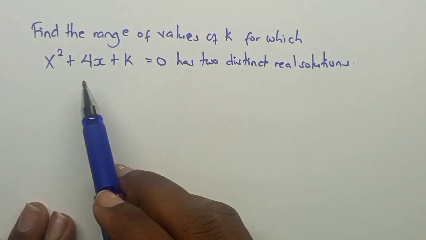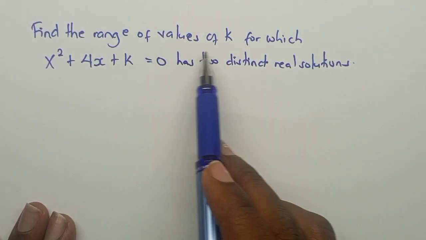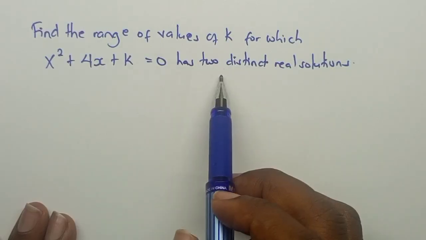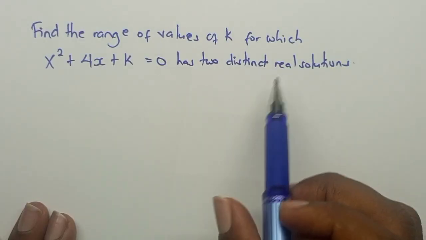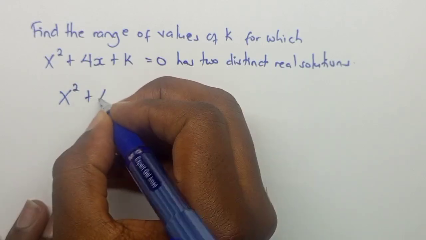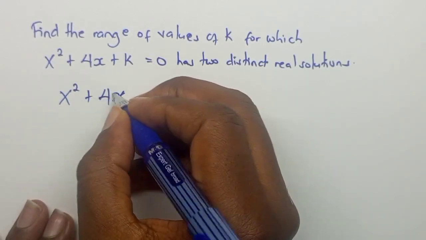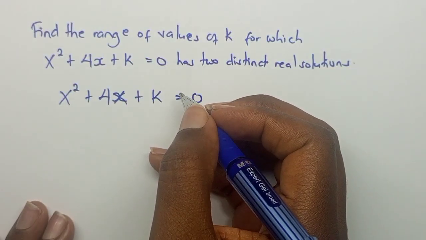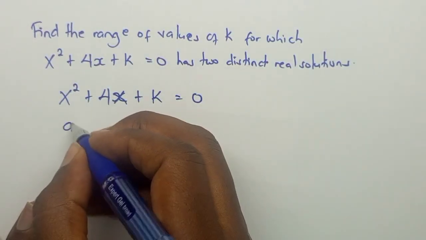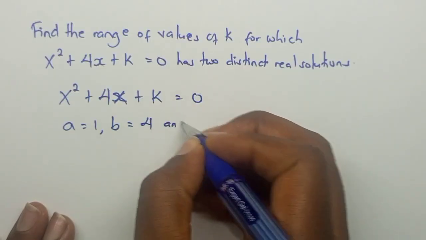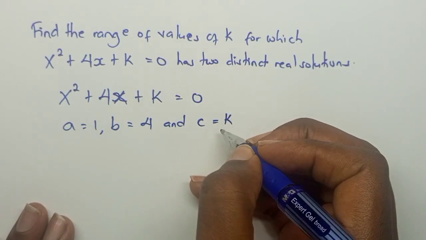Let's look at this other question, which is find the range of values of k for which x squared plus 4x plus k equals 0 has two distinct real solutions. So our quadratic is x squared plus 4x plus k equals 0. Now here our a value is 1, b is 4, and c is k.